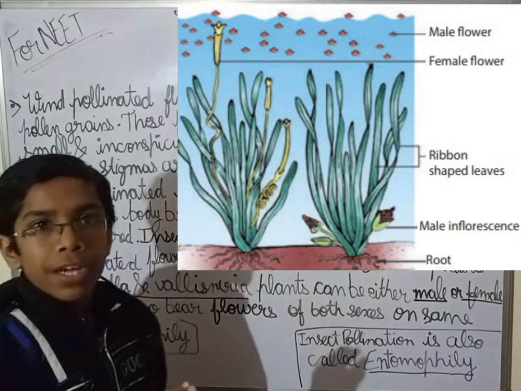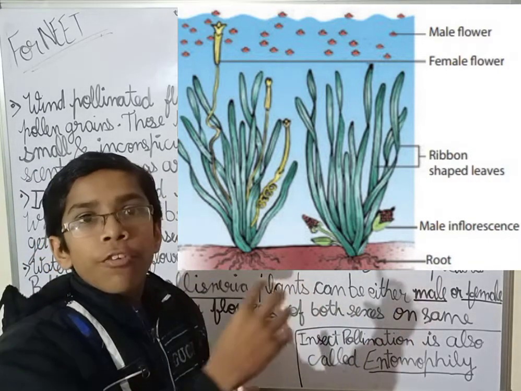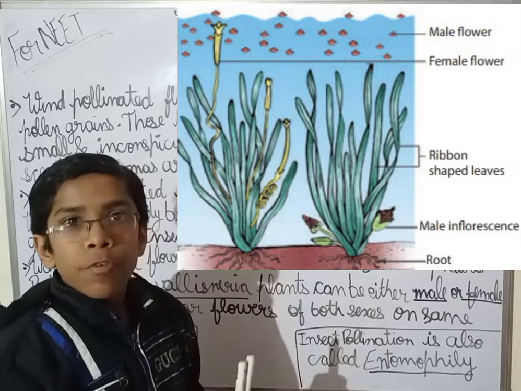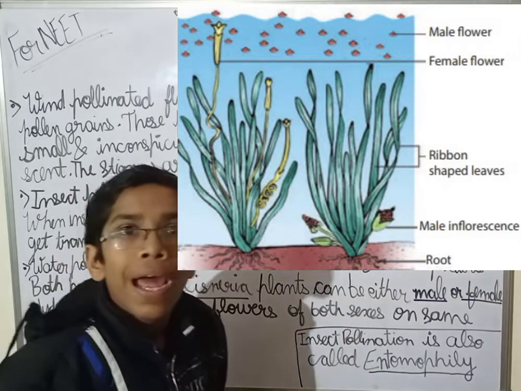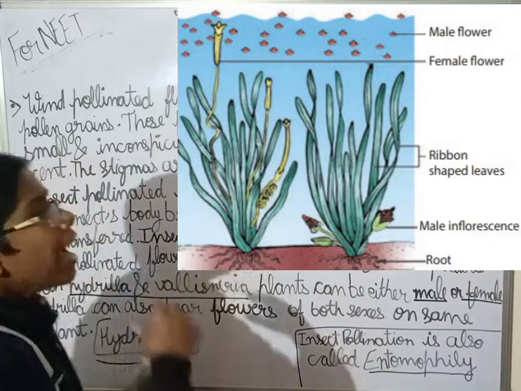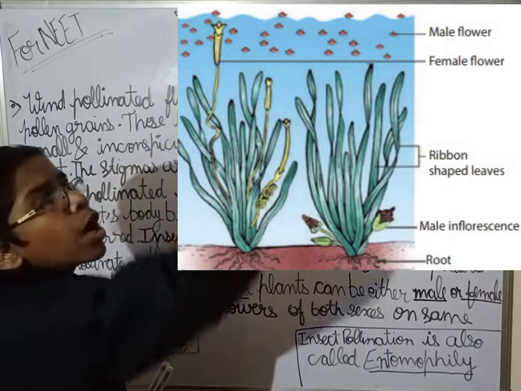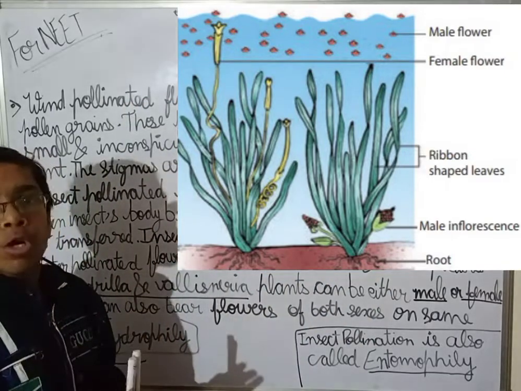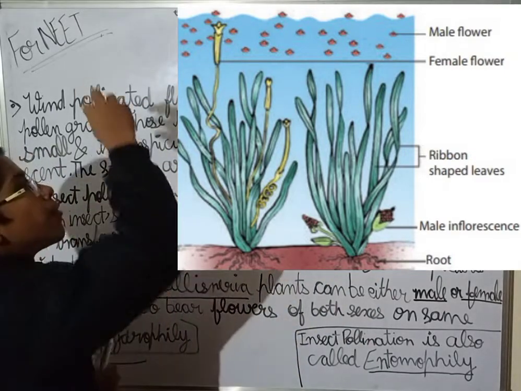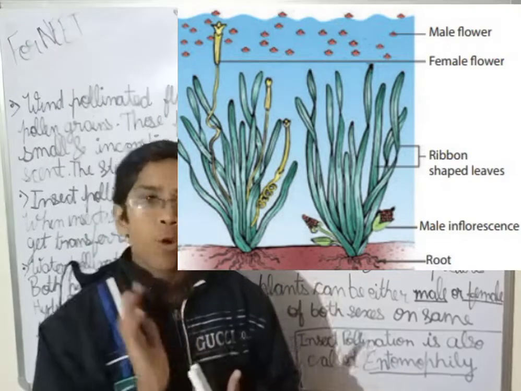The male flower gets detached from the stem of the male Vallisneria plant. The male flower gets detached and floats on the water. It has matured and it is floating on the water. So now the male flower is floating.